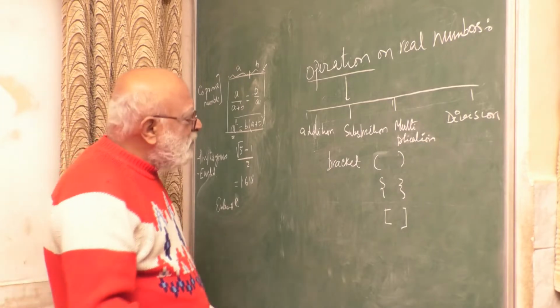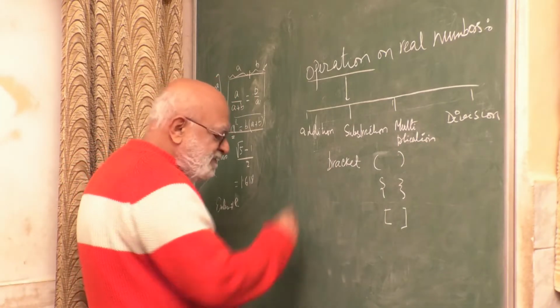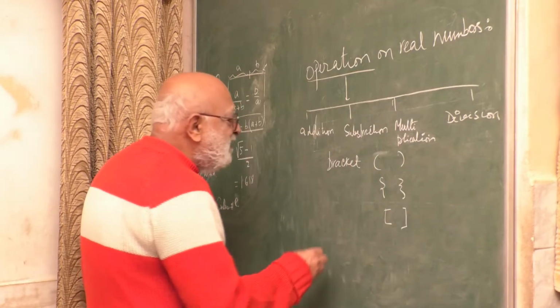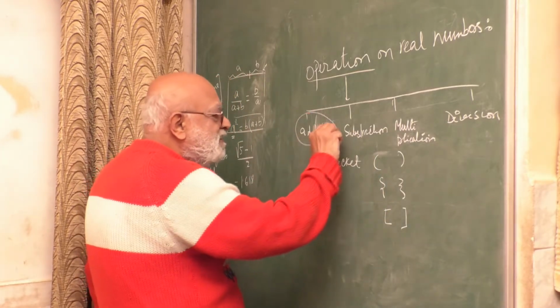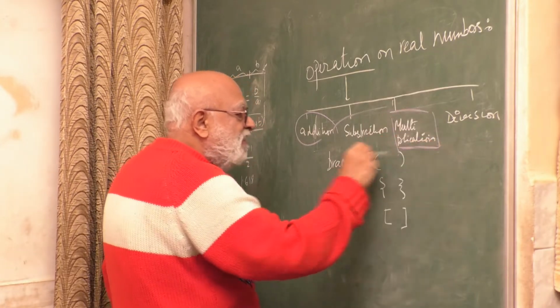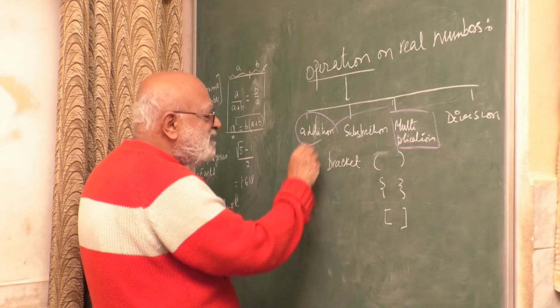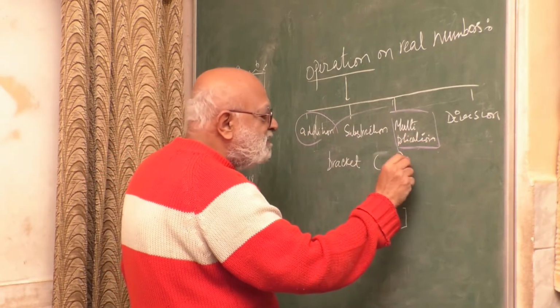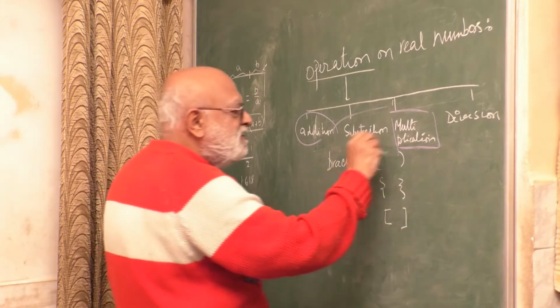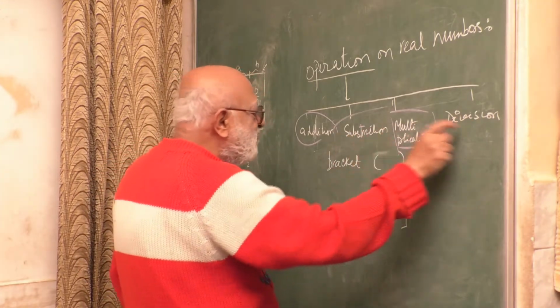Okay, now you can see that addition and multiplication, they are practically similar, these two. Unfortunately, in our school, instead of teaching addition and then multiplication, we go first for subtraction. And subtraction and division, they are similar.